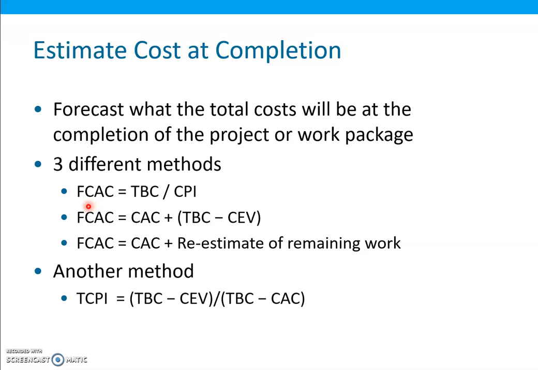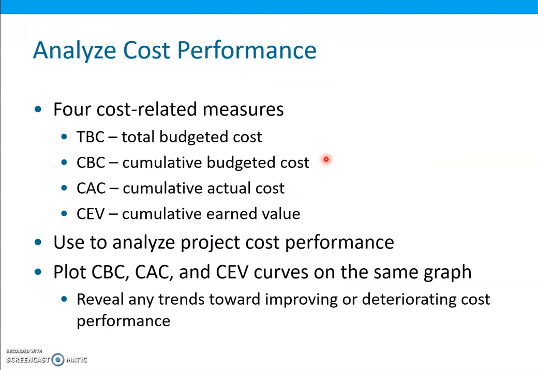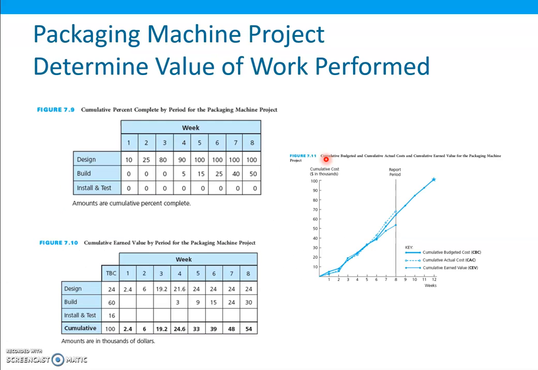So if we apply this formula for the packaging project by this first method, we already calculated the cost performance index was 0.79, and the total budgeted cost for this project was $100,000. Remember this $100,000 here. Let me go back again.